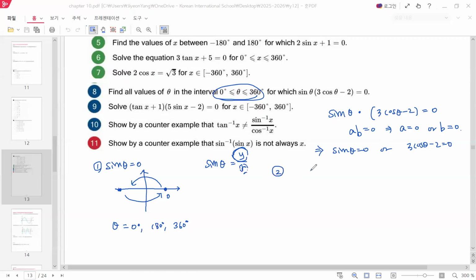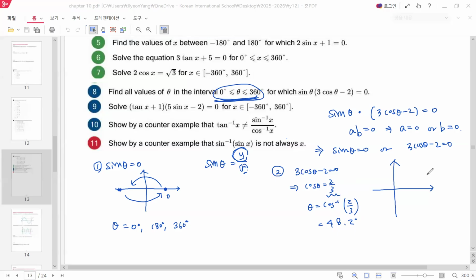And secondly, 3 cosine theta minus 2 equals 0. It means that cosine theta equals 2 over 3, right? So theta is cosine inverse 2 over 3, which is 48.2 degrees. Then let's find the angles which have the same cosine value. So one full turn, cosine value positive.